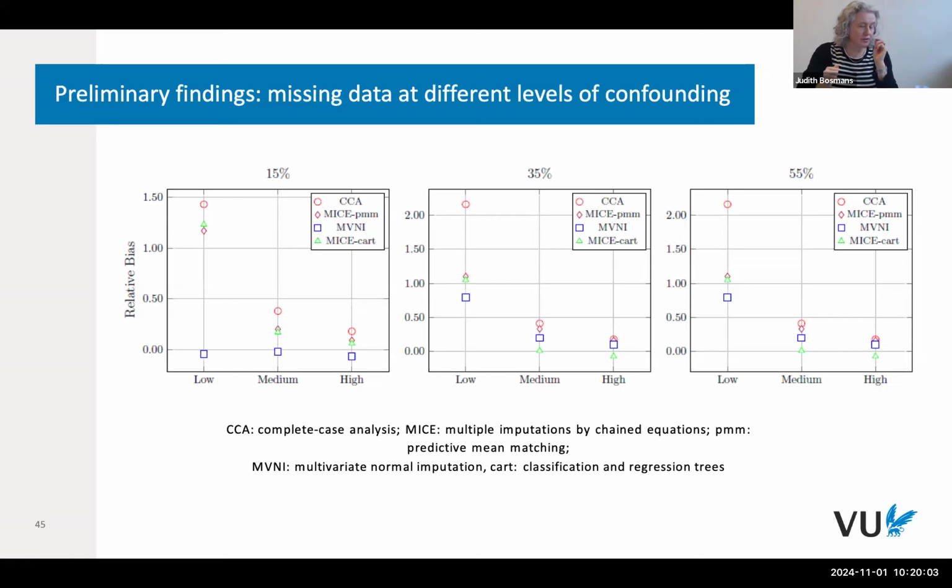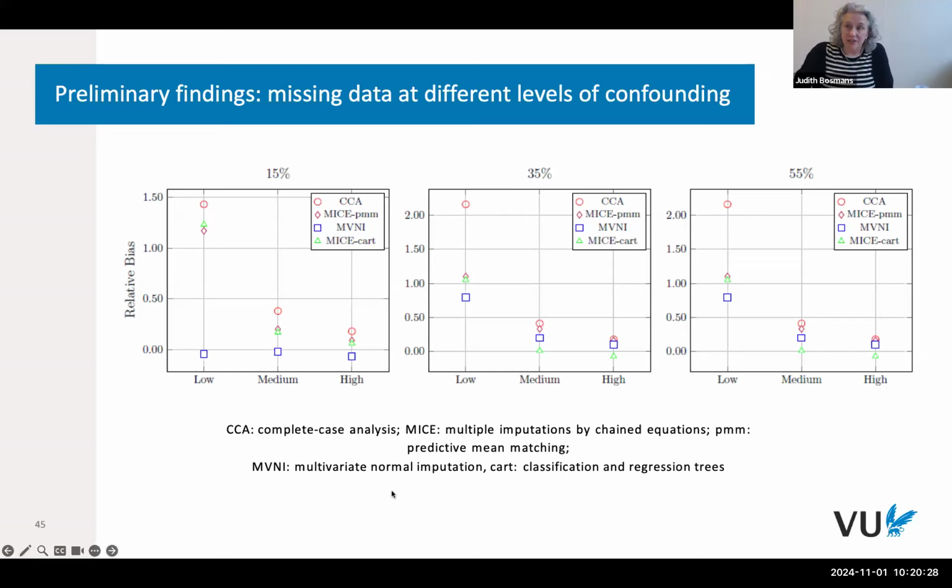And you impute that missing observation. The other one, mice CART, there you make regression trees. Depending on where the patient ends up in the regression tree, that determines the value that you impute for that patient. And we compared that to multivariate normal imputation.